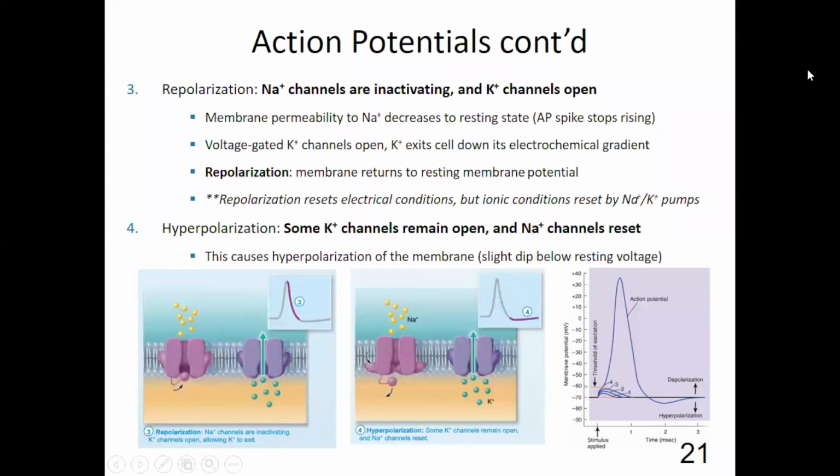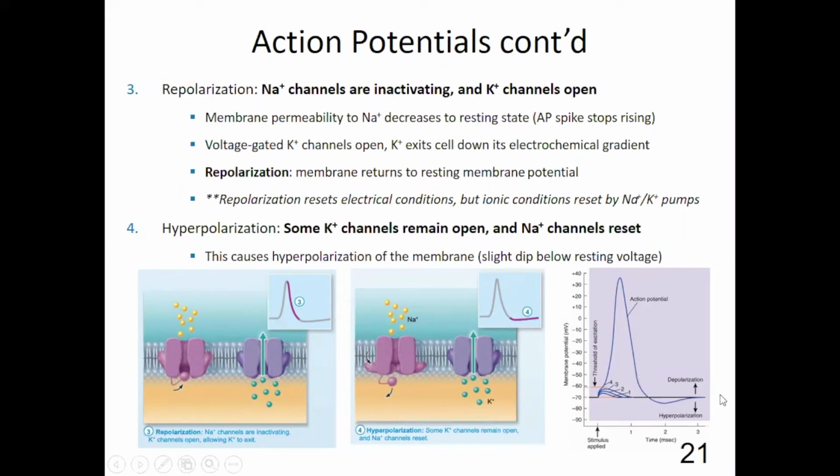The last part of the action potential is this hyperpolarization part right here, and you can see it more clearly in this figure. In hyperpolarization, the membrane potential becomes more negative than it usually is at rest, and then returns to the resting membrane potential. Some people call this the overshoot. The membrane potential is trying to return to rest, but it overshoots it just a little bit and then returns to baseline.